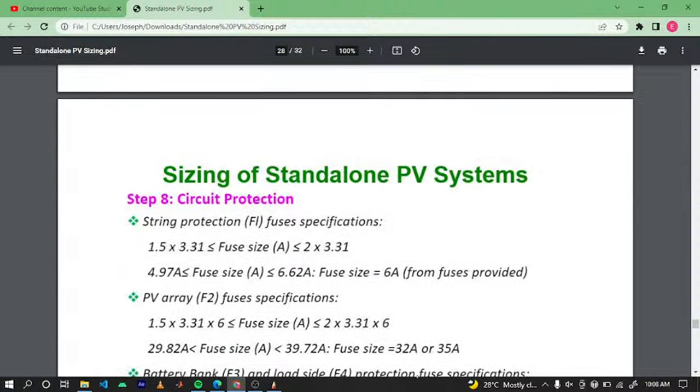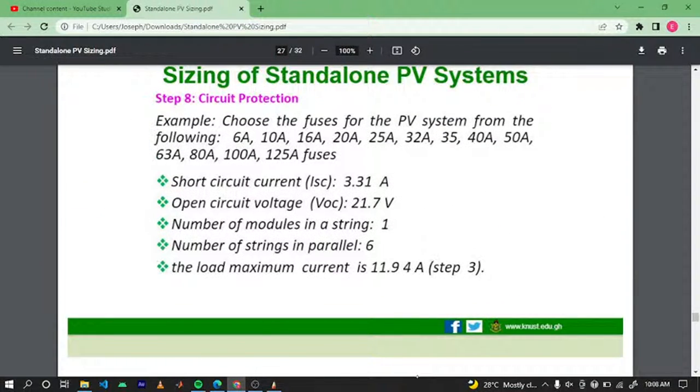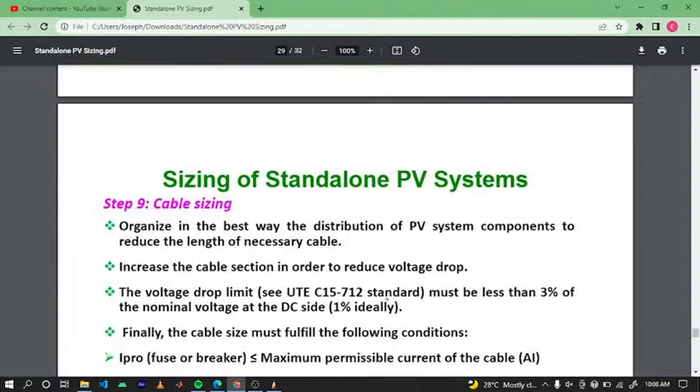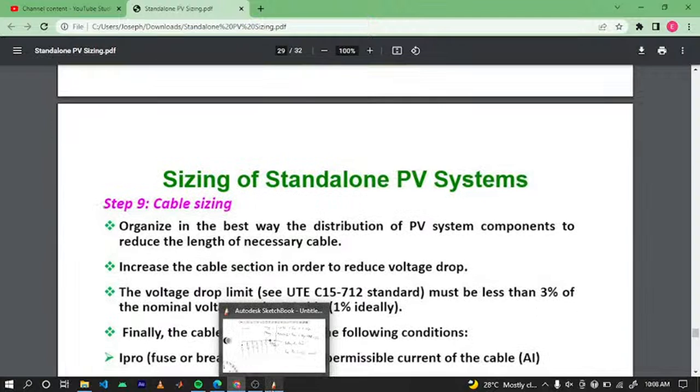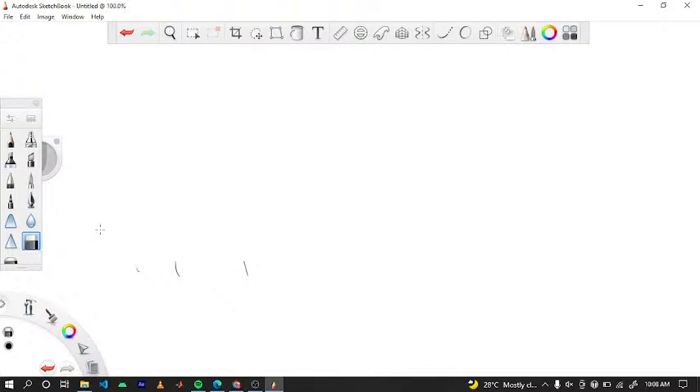They will give us a table of fuses, so from the answers you are getting, you calculate. The last is the cable sizing.